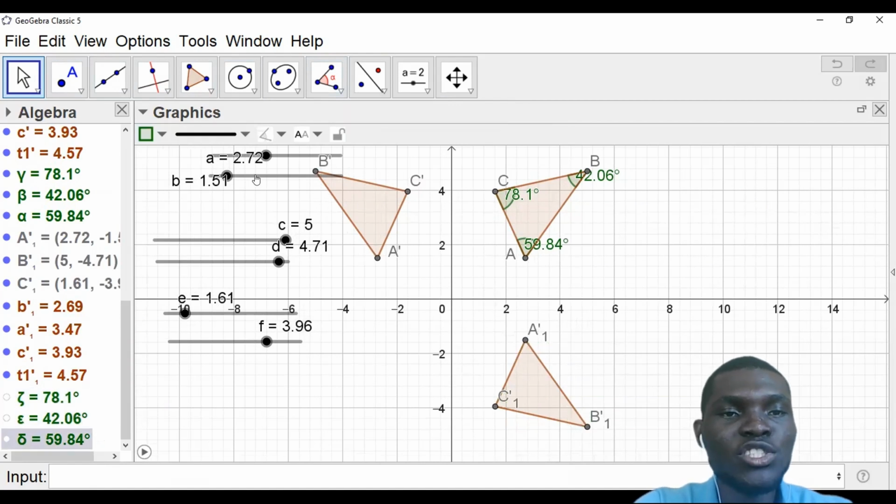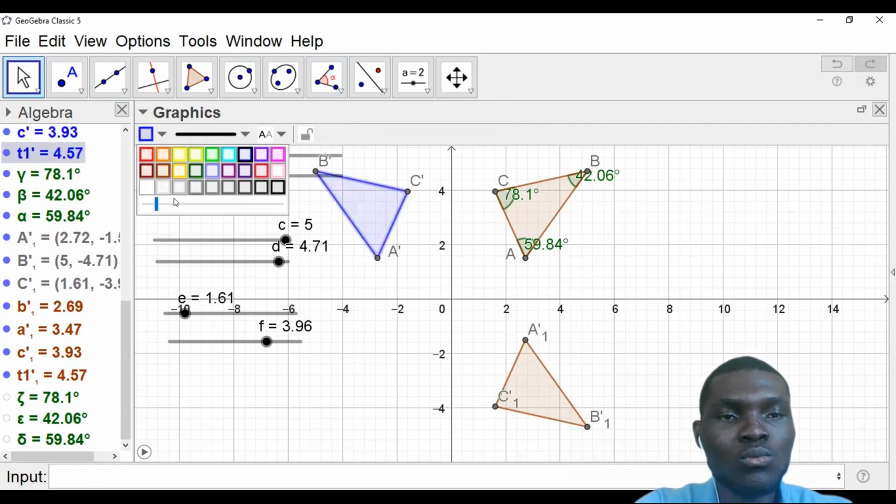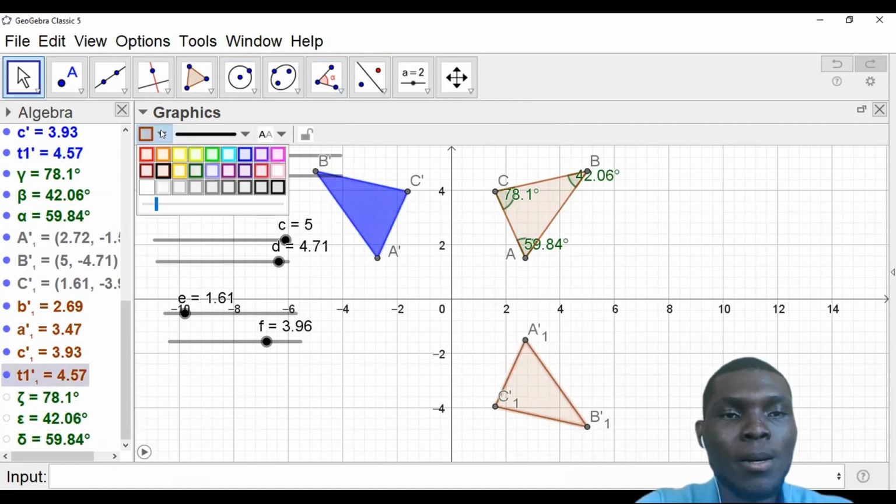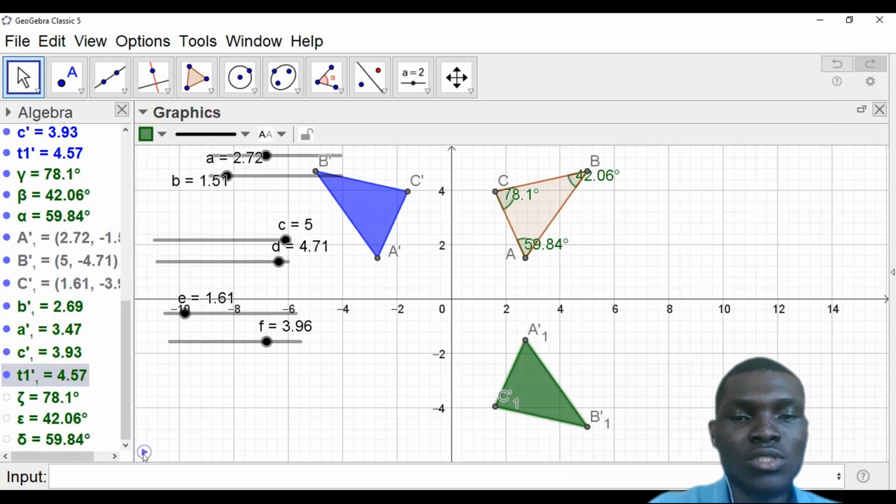And before I go there, let me change the color for you to see the difference. Blue, that's the first one. And the second one, which is green. So now let me animate them for you to see.